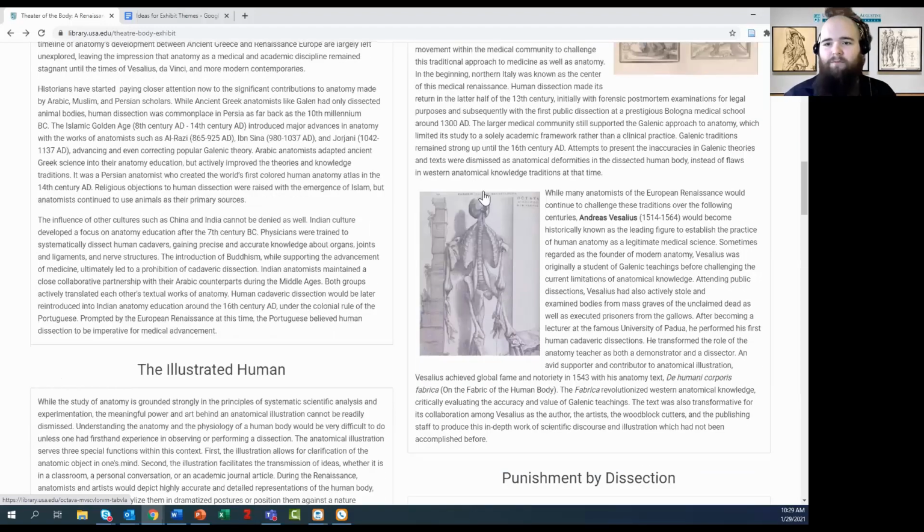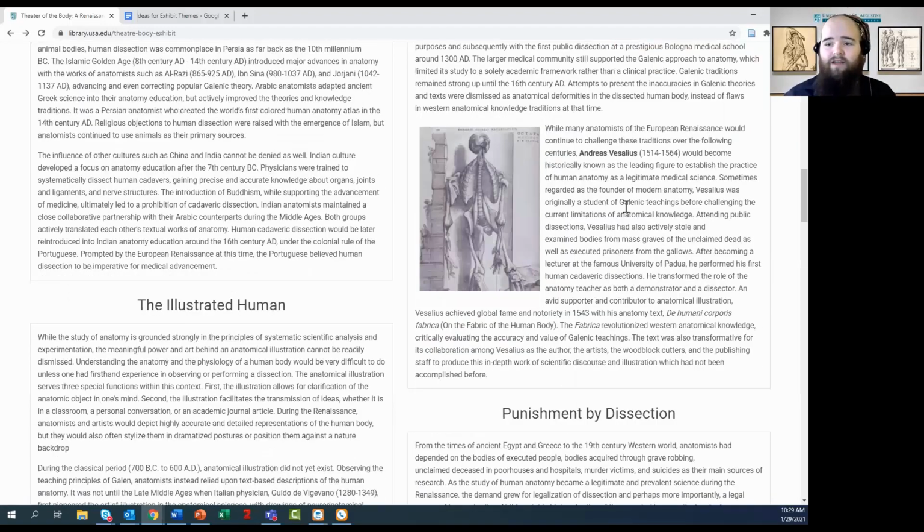He came up with a lot of the illustrations, particularly through his work, The Fabrica, which, as it shows here, really revolutionized things because it was one of the first times that anatomists were working with artists and printmakers to create these collective works of anatomy.